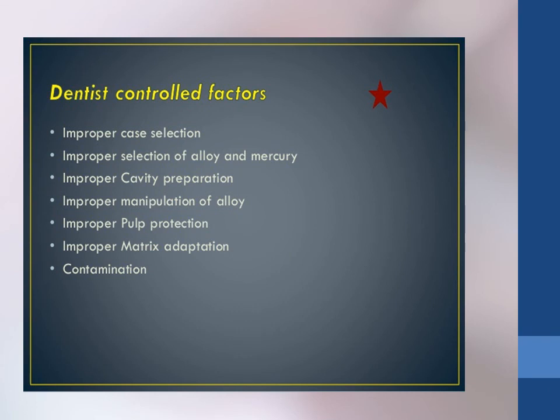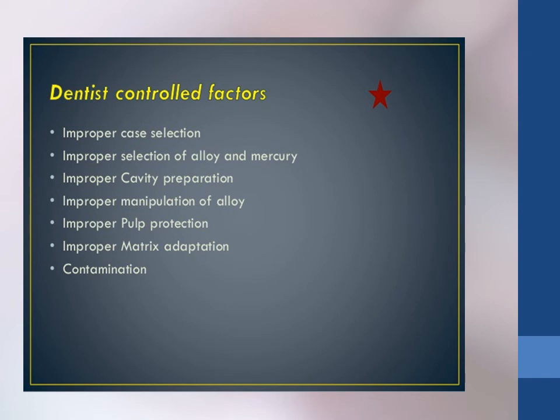Dentist control factors, so the factors that are in your hand, the improper case selection. If the patient is not an ideal candidate for an amalgam filling, that is the first mistake you make, when that person is not the ideal candidate and still you go ahead and give him or her an amalgam filling.